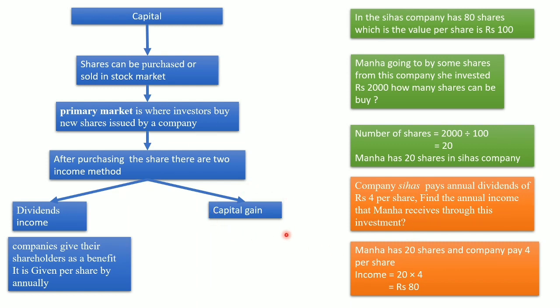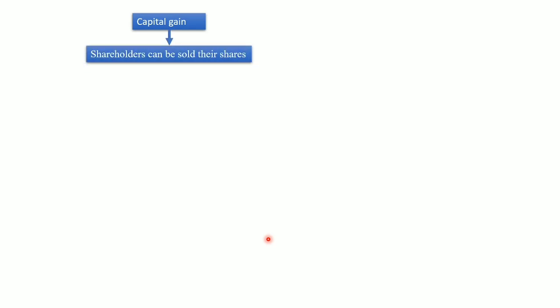Then the next income method is the capital gain. Now we will see what happens with the capital gain. In this case, a shareholder can sell their shares. Who is the shareholder now in Siha's company? The shareholder is Manha.